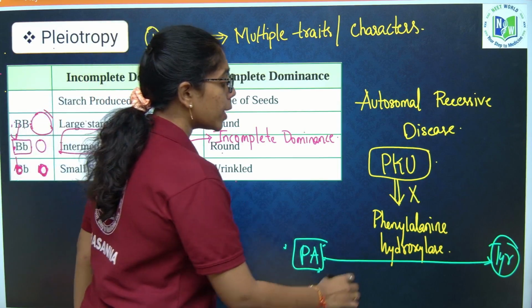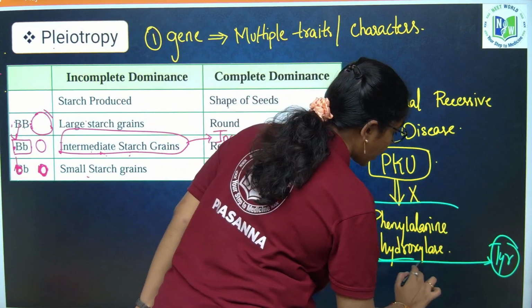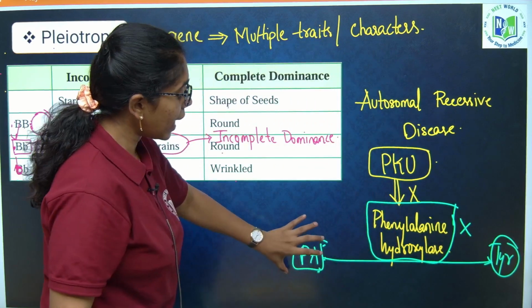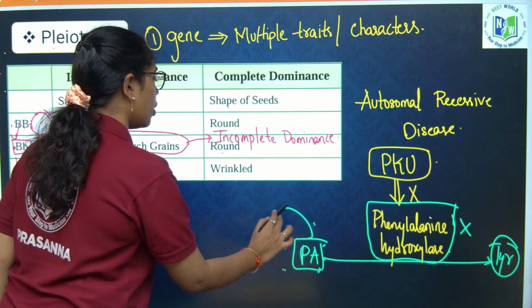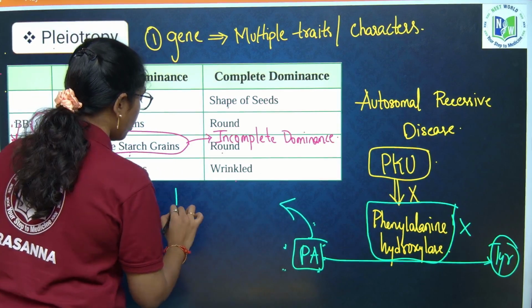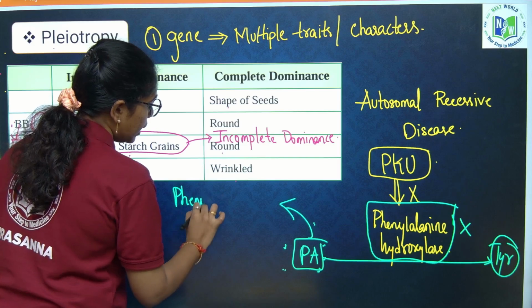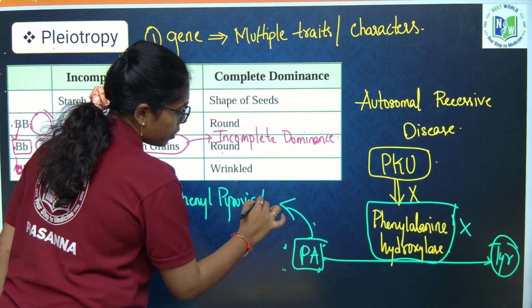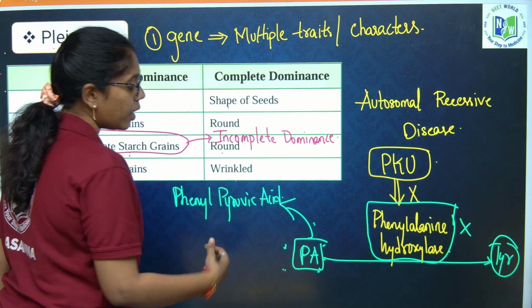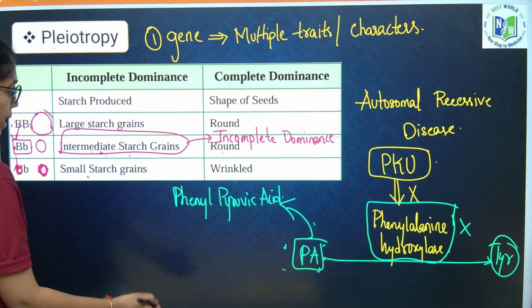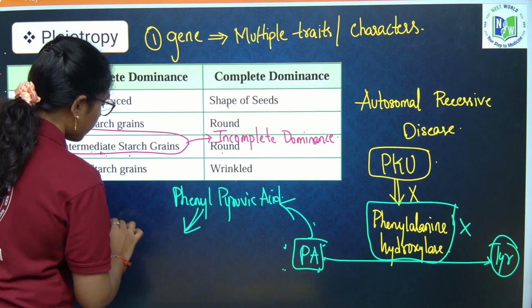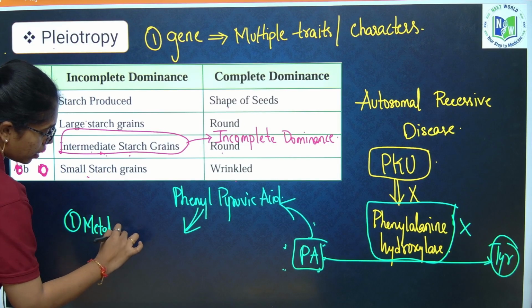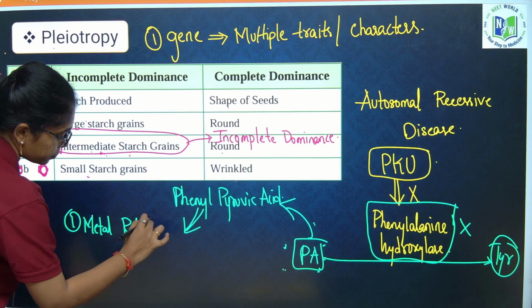But then because of the absence of this one enzyme, phenylalanine gets stored in the form of phenylpyruvic acid. It gets stored in the form of phenylpyruvic acid in the brain cells. Because of that, mental retardation.